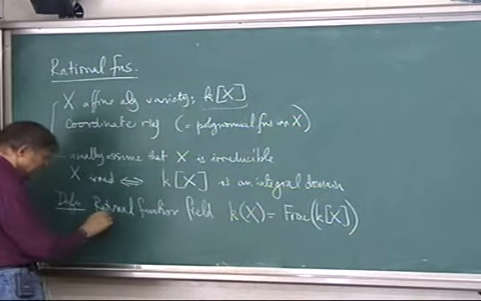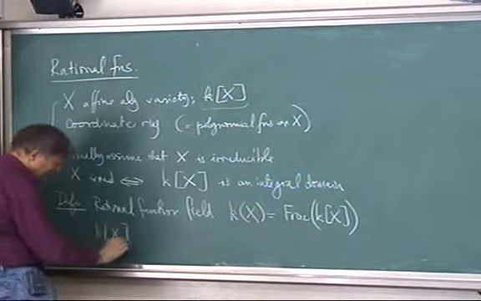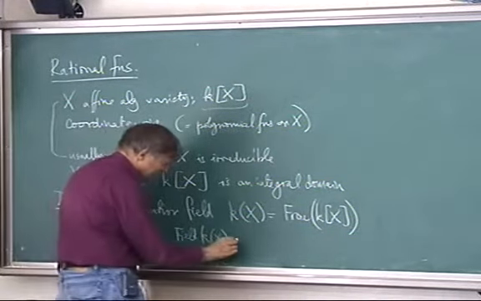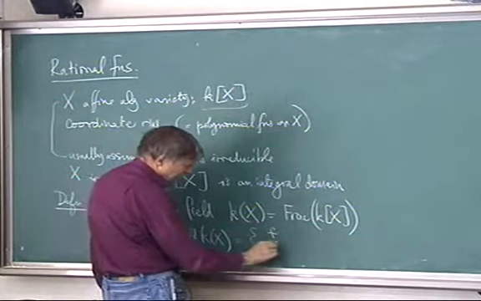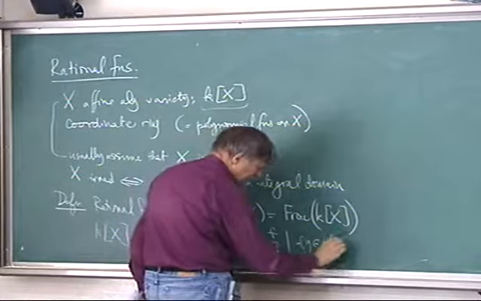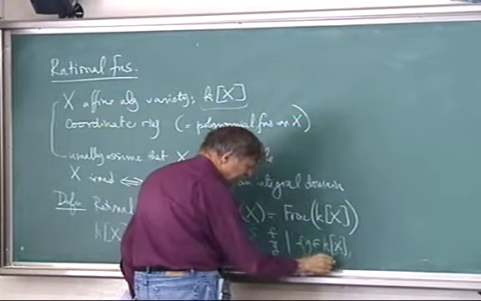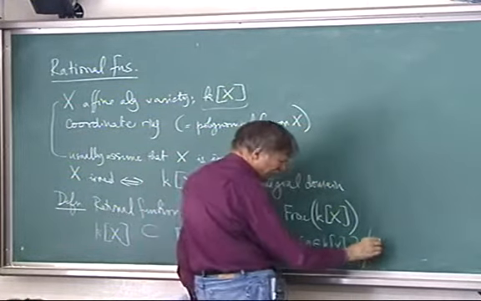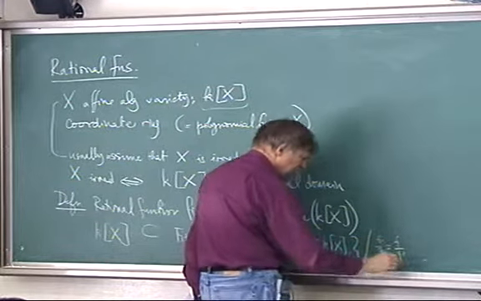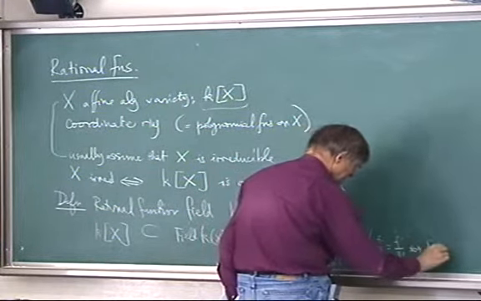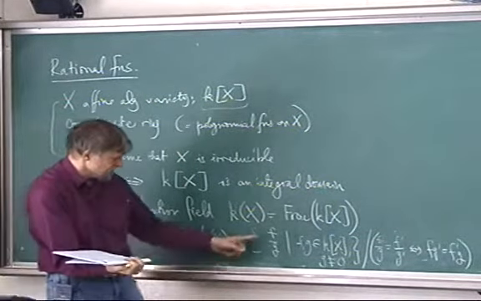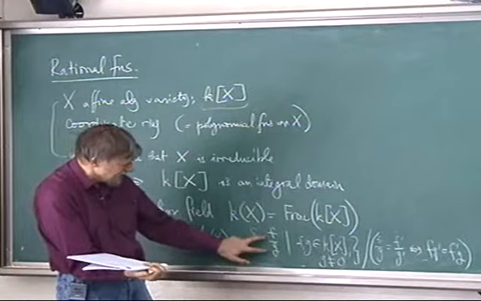So I've got an integral domain K of X, so it can be put inside a field K of X. And the field consists of the set of all formal expressions f over g, where f and g are in the ring, and g not equal to 0, divided out by the equivalence relation: f over g equals f prime over g prime if and only if f g prime equals f prime g. So this notation f over g is a notation for the equivalence class.